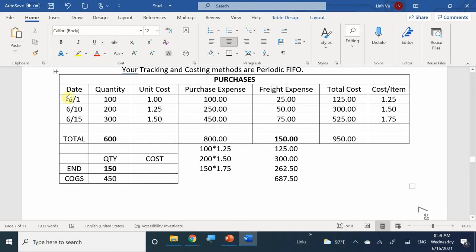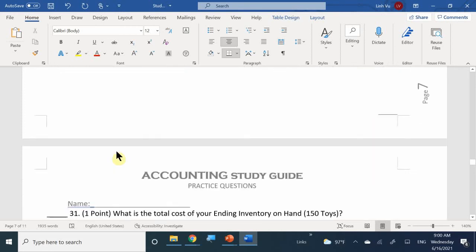Okay. So if this is 687.50, right? What is going to be my ending balance? Just the 50. Right. Okay. So there we go. Let's take a look at the answer.